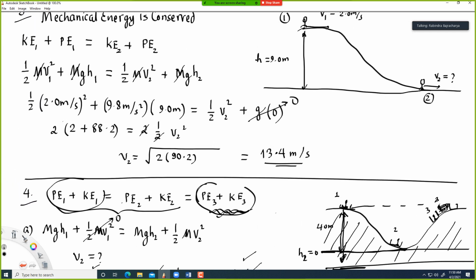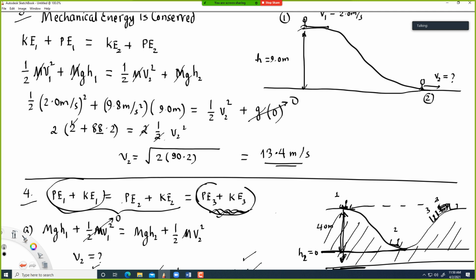So 1/2 speed is 2, g is 9.8, height is 9. 2 squared is 4, and 4 divided by 2 is 2, so that's 2. And 9.8 times 90 is 88.2. To get rid of that 1/2, I'm dividing both sides by 2.